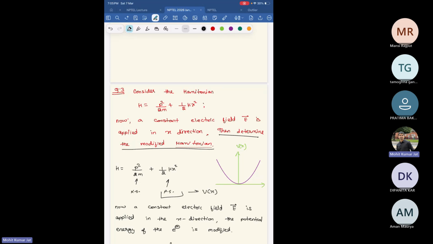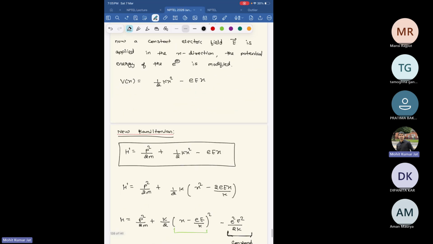And in the third question, we discussed the harmonic oscillator in which the electron is residing. Because of this electric field, the electron will feel a change in potential energy, and in correspondence to the potential energy change, the Hamiltonian will get modified, and that's what we see here.